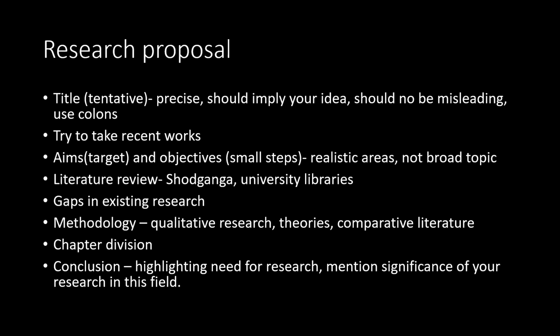You must narrow it down to maybe autism as represented by Indian writers, or autism as represented by any language writers, say Tamil writers, say Malayalam writers, okay, say Bengali writers. So you must narrow it down. Just like we say, from general to specific you have to come.